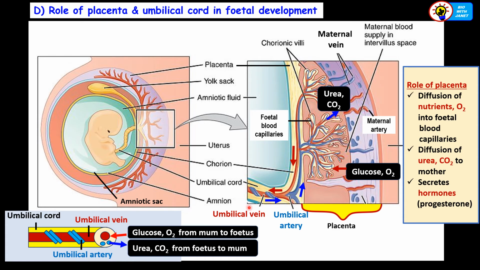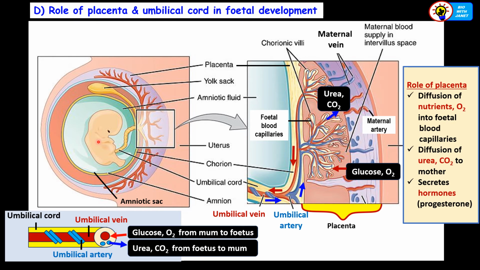So why is this vein called a vein? Actually, this vein is special because it carries blood that is oxygenated back to the fetus. In relation to the fetus, the umbilical vein transports blood that is rich in oxygen and nutrients like glucose and amino acids from the placenta back to the fetal heart, to be distributed to the organs in the fetus.